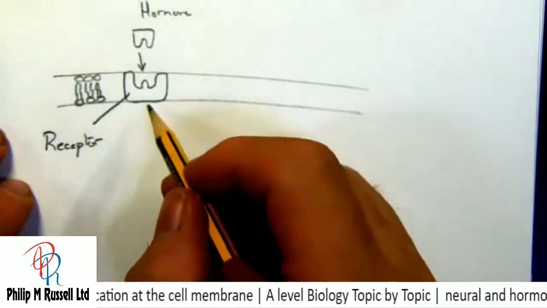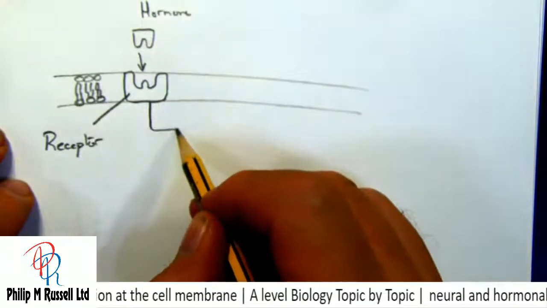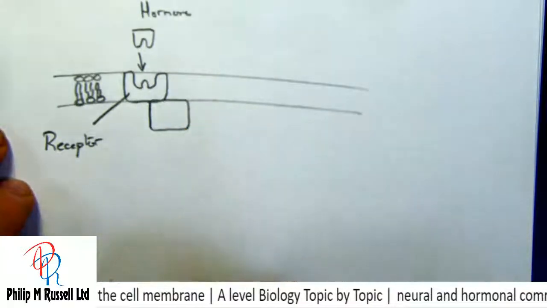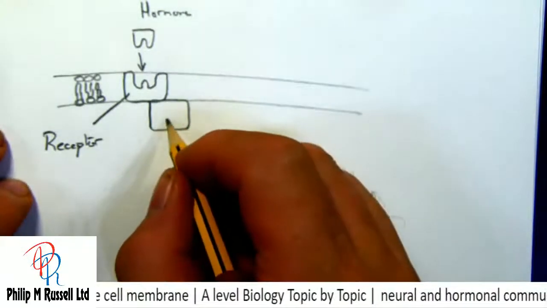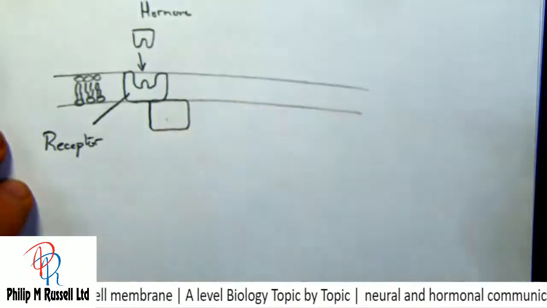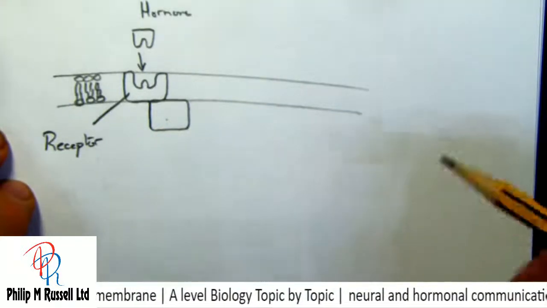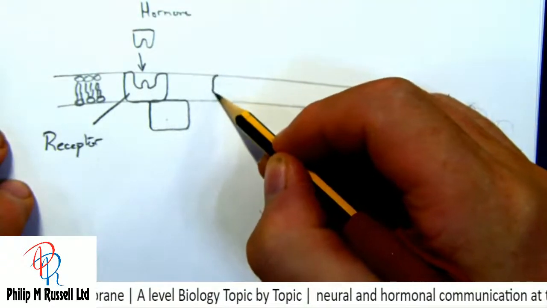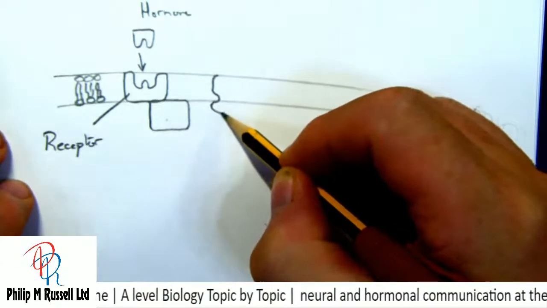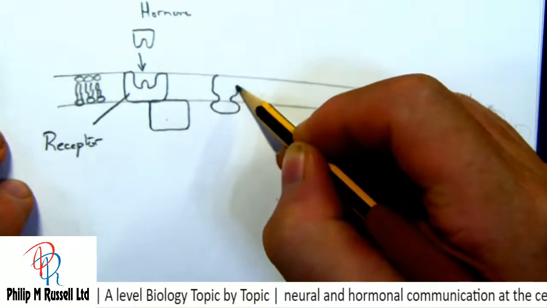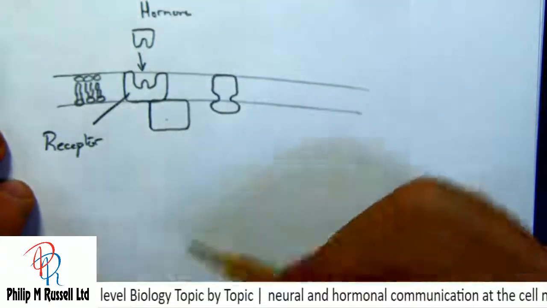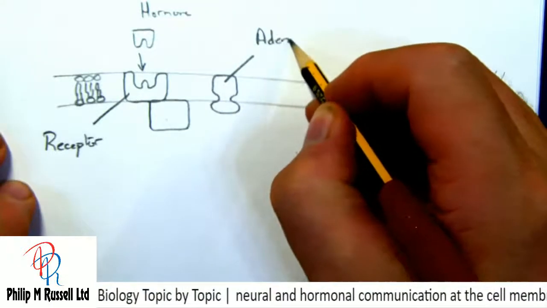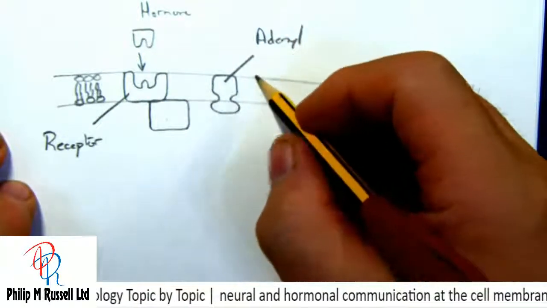Now, inside the cell, I'm going to have some sort of other protein, another shaped protein, and this is one which is adenyl cyclase.